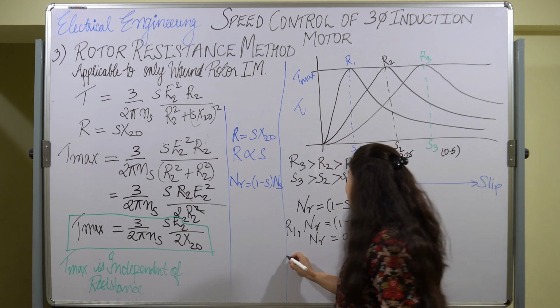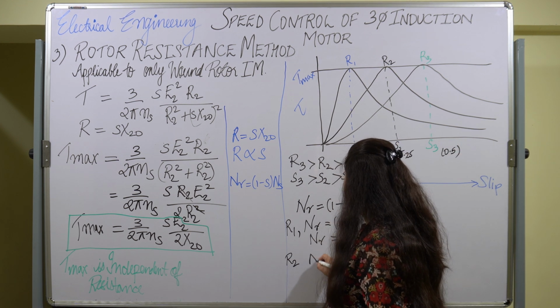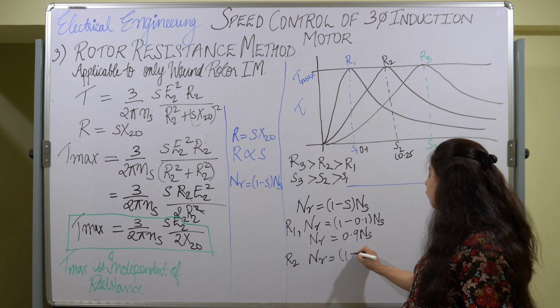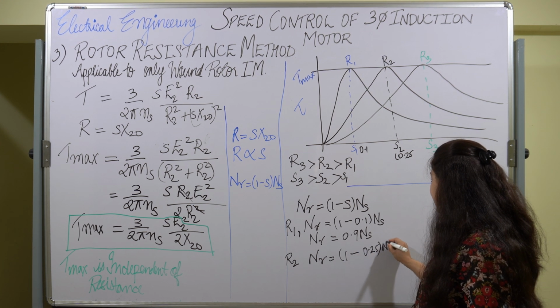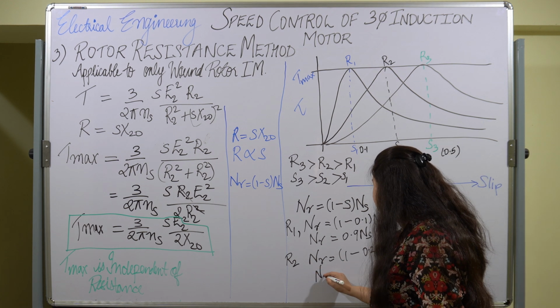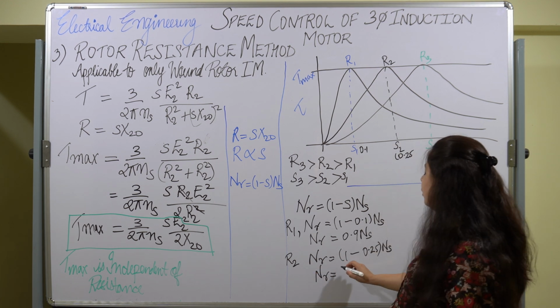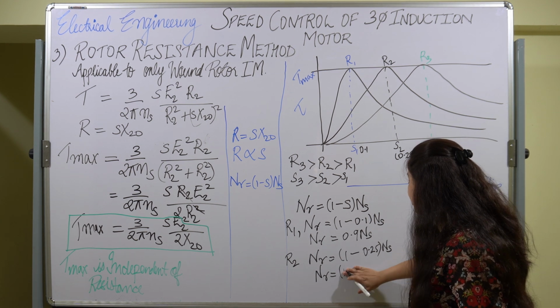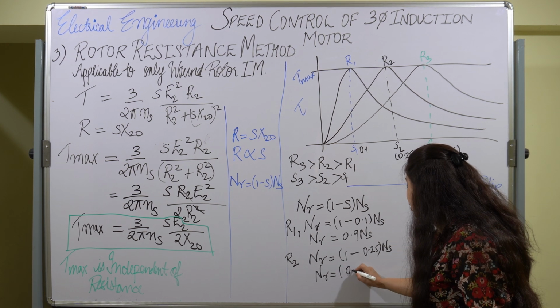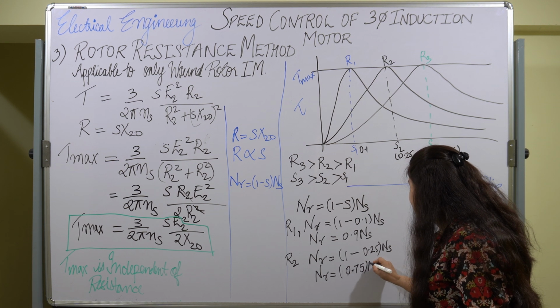When my resistance is R2, my NR will be equal to 1 minus 0.25 into NS. So my NR will be equal to 0.75 NS.